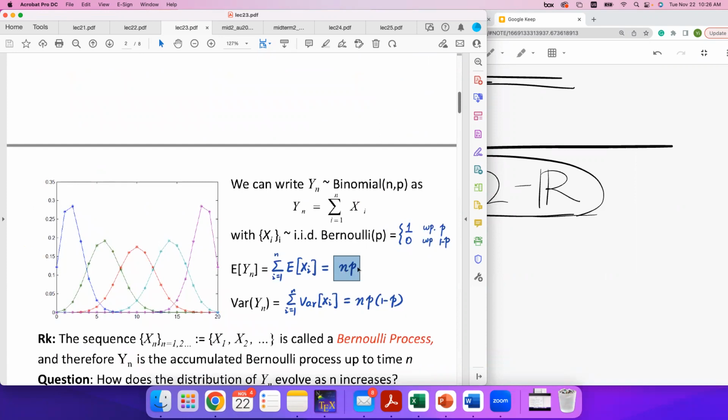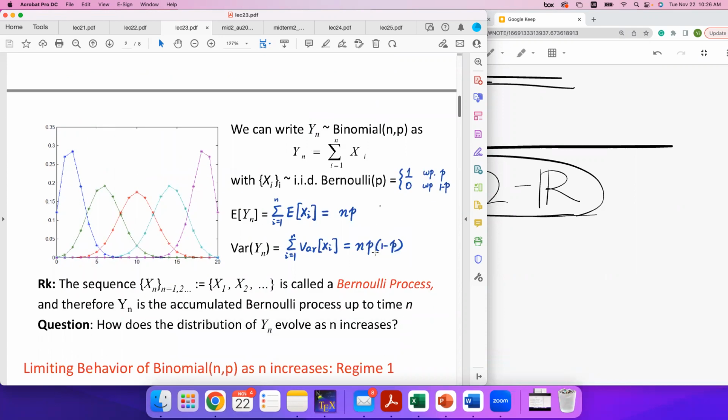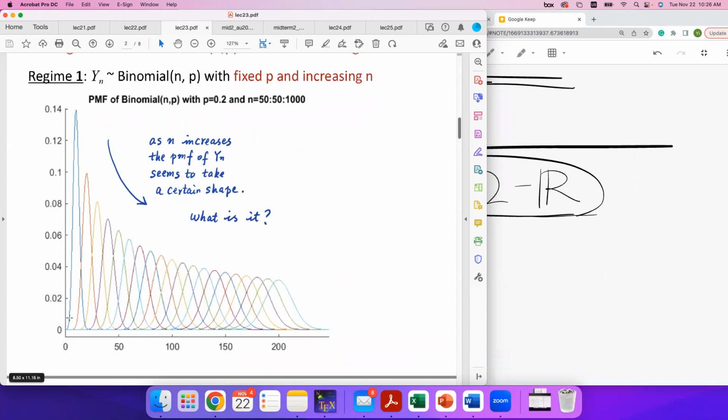And also the variance will increase with regard to n. Indeed, if n is very small, the mean is very small and the variance is also small. But when n goes to a very big number, the mean has shifted to a large value. And apparently, the distribution is wider, so the variance is bigger than in the previous small-n cases.